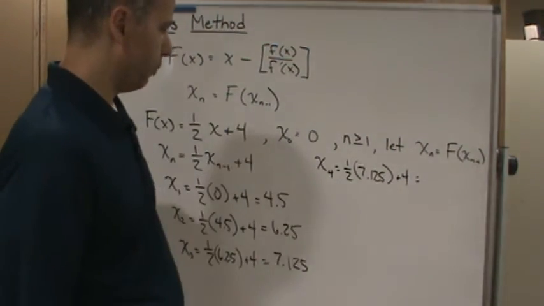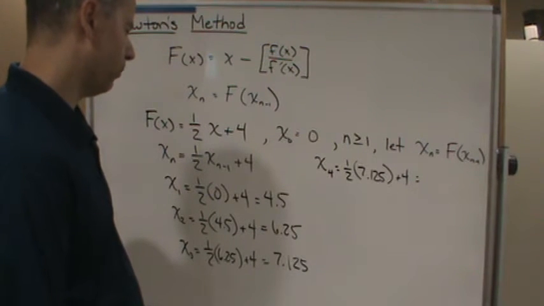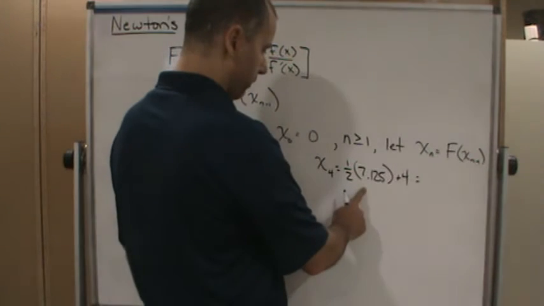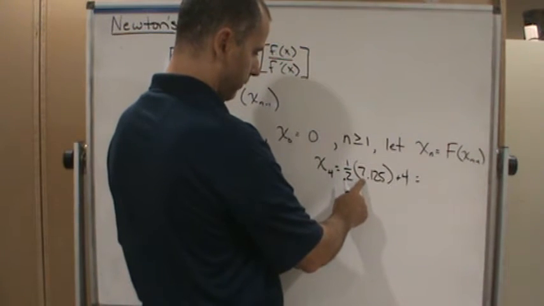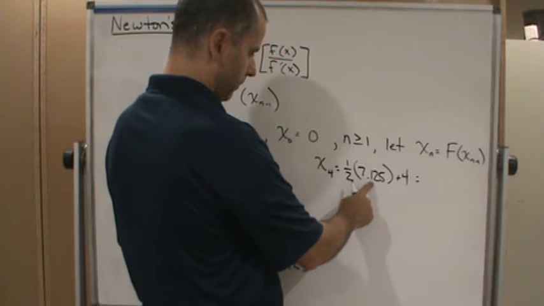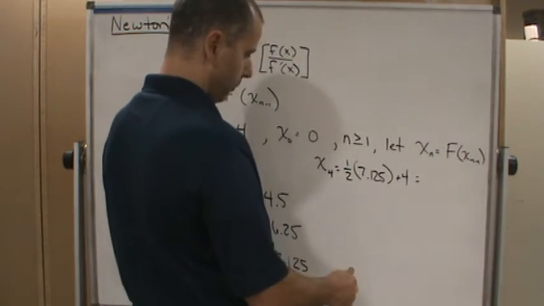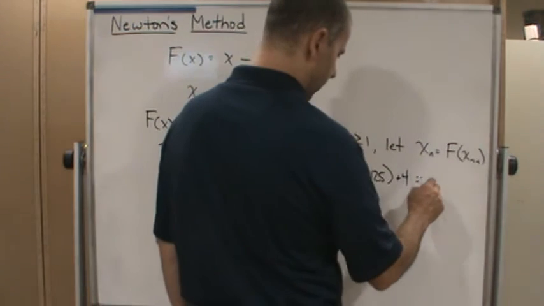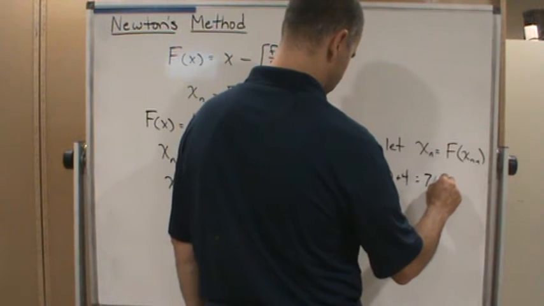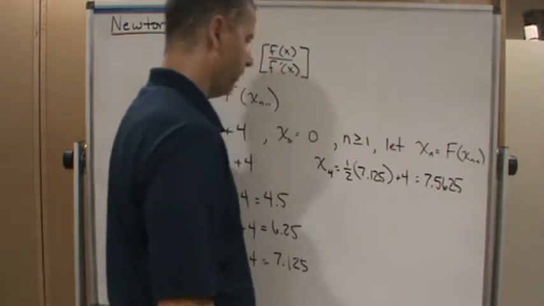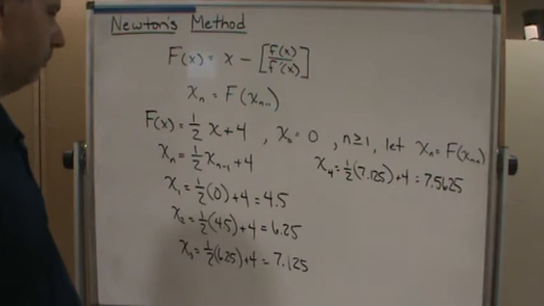Half of that is 3.5625, so this is going to be 7.5625.